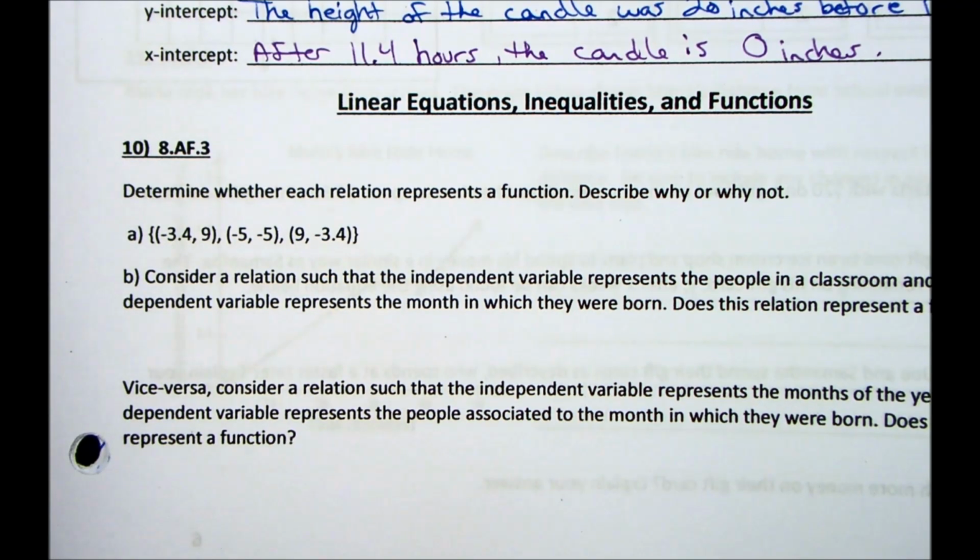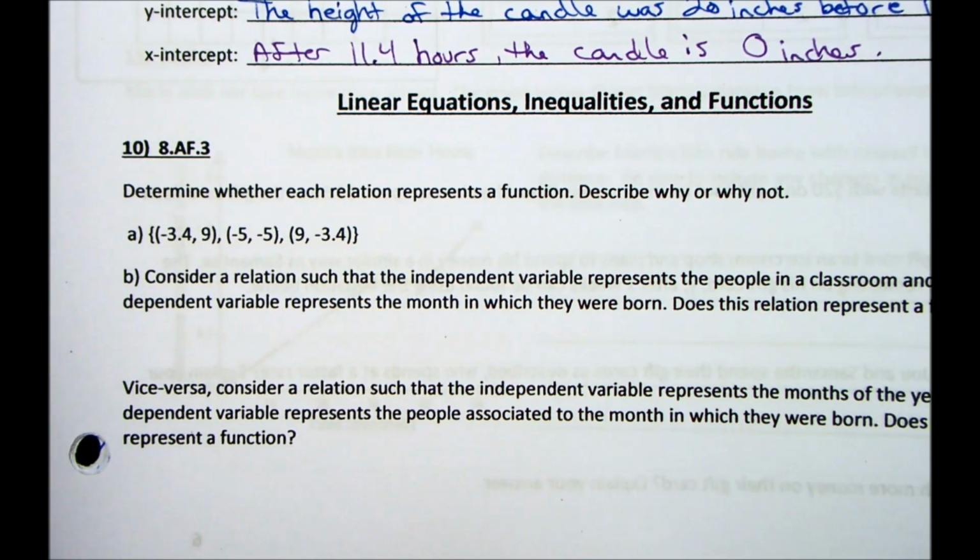So a good analogy that I give my students is that if I have a bowl of candy and everybody is allowed to take exactly one piece of candy, there might be some people that choose the same type of candy, but as long as each student only chooses one piece of candy, it is still representing a function. But if you have some students that pick more than one piece of candy, now it's not a function.